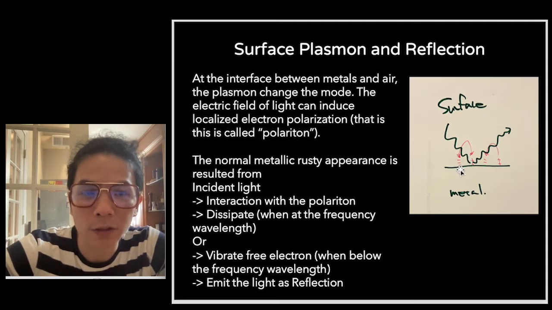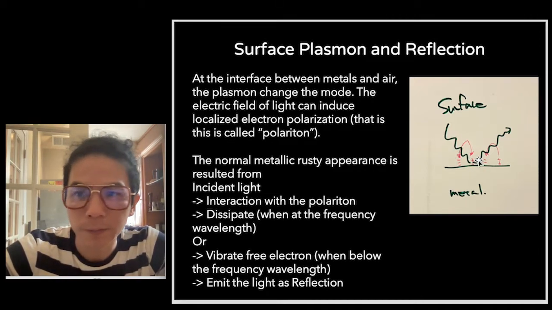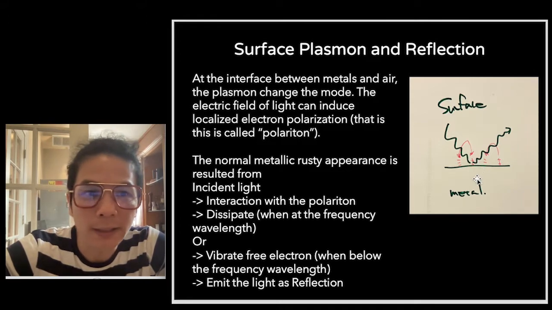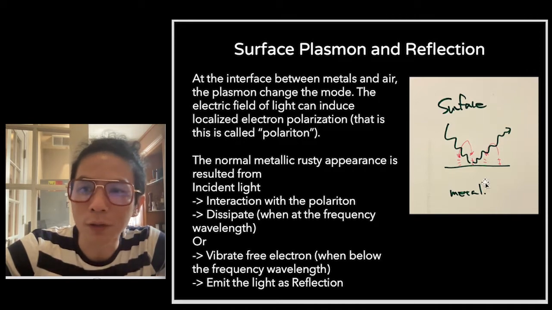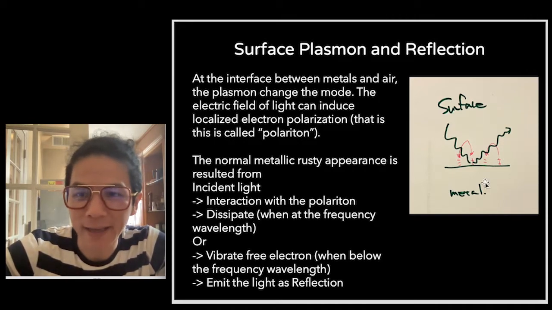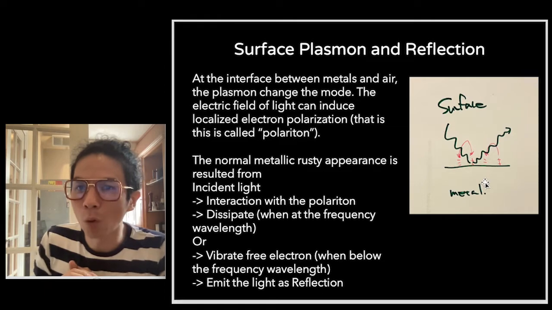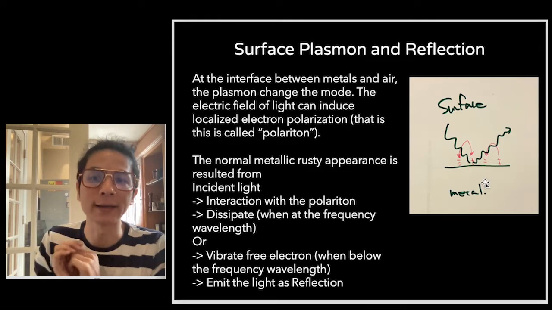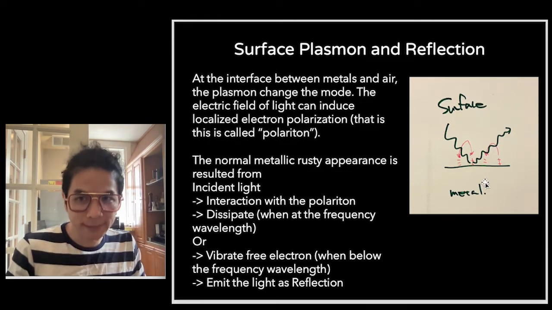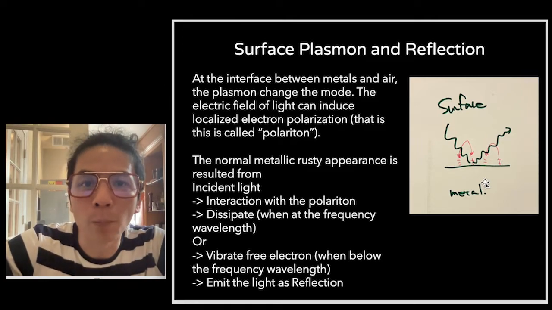Sometimes this shows more negative because electrons are getting together, and the other part is getting more positively charged. So this polarization is what we call a polariton. Again, the suffix refers to the state of one body, and if you take this electronic polarization as one body of the state, you can call it a polariton.